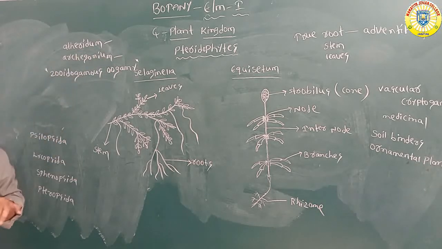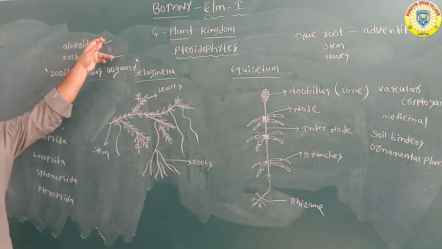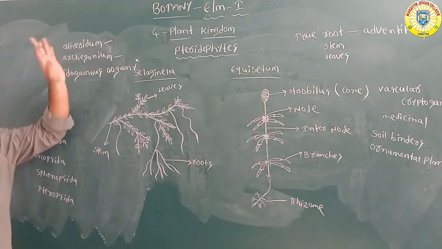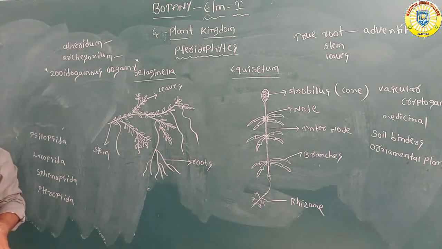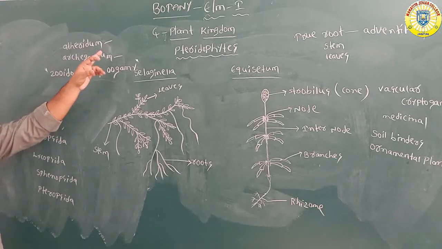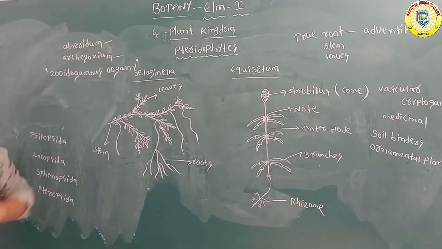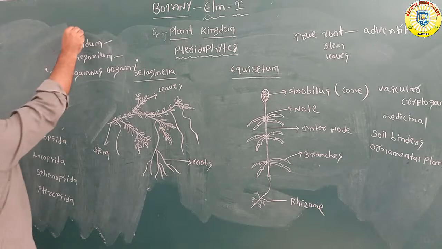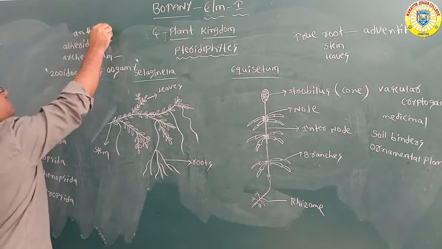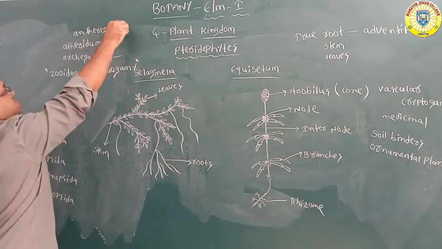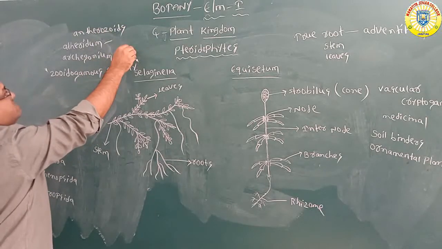Archegonium is the female sex organ. Antheridium produces male gametes, antherozoids. Archegonium produces only a single egg.